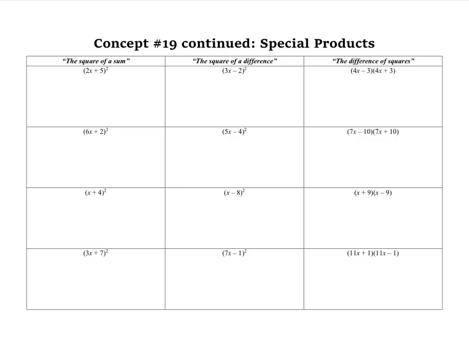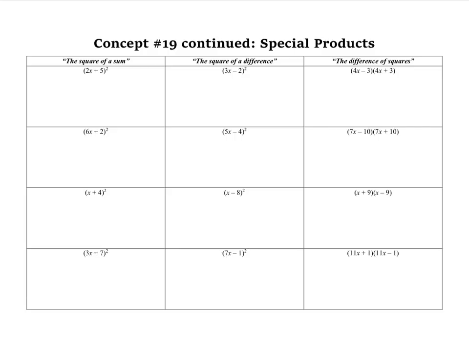These look like they're being squared, but the signs are different, right? So we've got 4x minus 3 times 4x plus 3, and then 7x minus 10 times 7x plus 10. They have the same terms, except one of them has a subtraction and the other one has an addition sign.